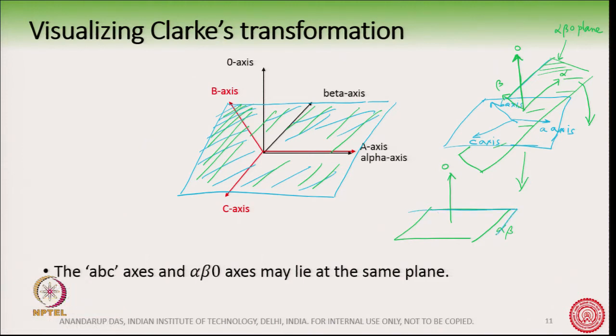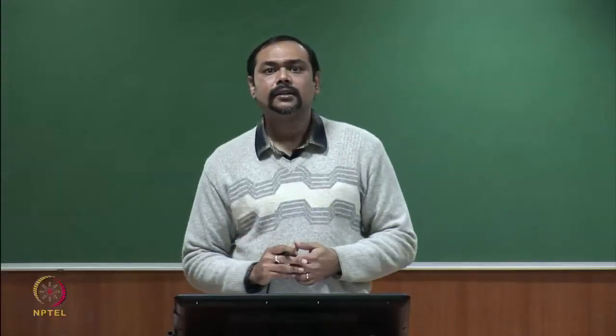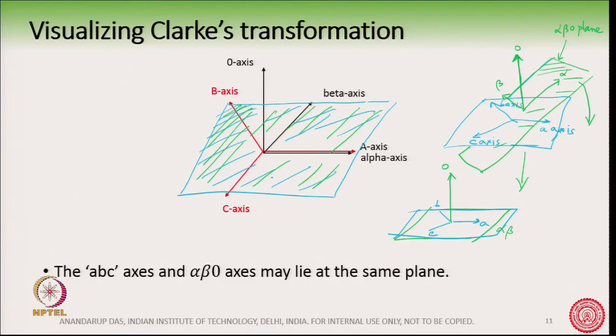So, ABC and alpha beta are in the same plane, while 0 is at 90 degrees to this plane. This is what I have tried to show you, that alpha beta and ABC are in the same plane.